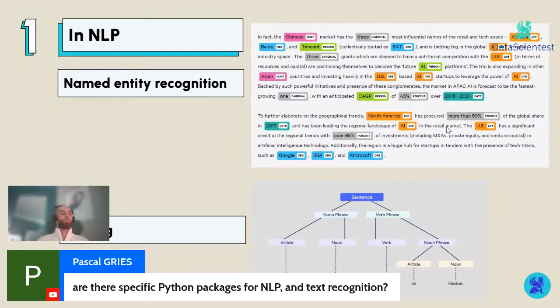You can just run a function, and it will give you this kind of output for NER, for example, or POS tagging, or text classification. It will do the work for you. Otherwise, you need to create a deep learning model, called a recurrent neural network. And in order to do that, we will see some frameworks in a few minutes.